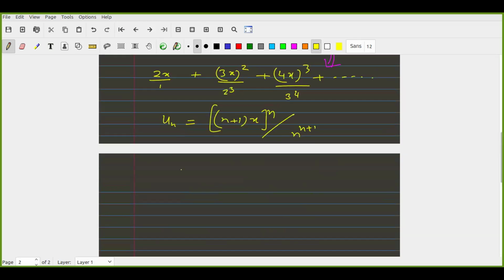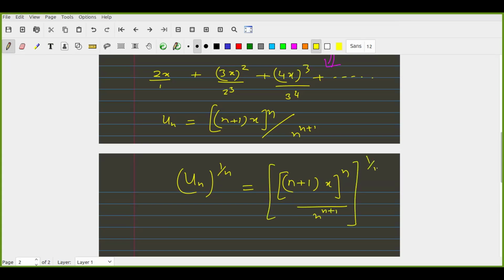We have to evaluate the limit of this expression. First we'll find this out. I will write it as it is. So this is the given thing. Now I'm going to raise it to power 1 by n.